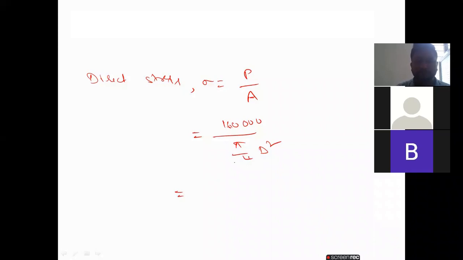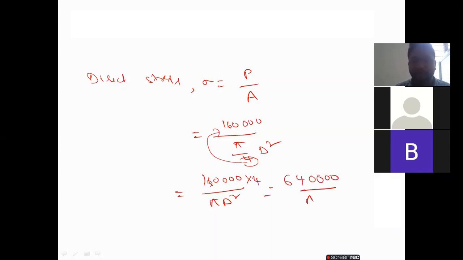When you send this 4 to the numerator, 160,000 by pi d square into 4, so total 640,000 by pi d square Newton per mm square.